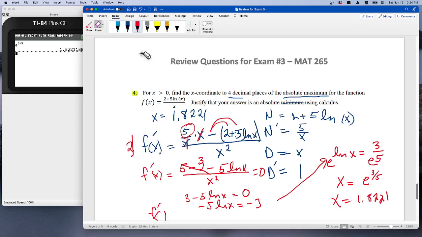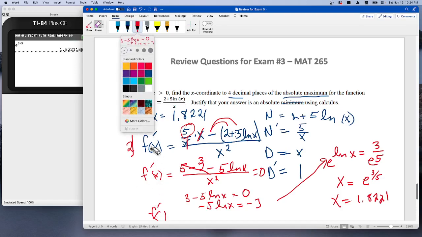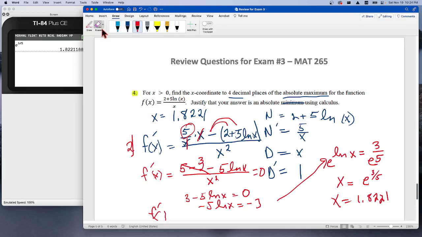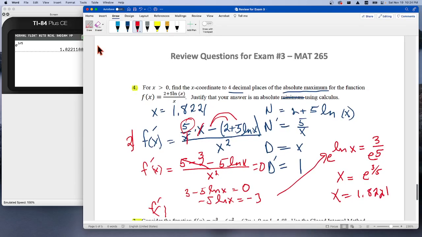So let's do that. And this is, again, if it was one of those open answers that says justify your answer, we really want to do this part, because this just says, okay, yeah, you found this. For all we know, at this point it's where the derivative is 0, but it could be a minimum. So what we want to show is that f prime of 1, and then the other one I would take is f prime of 2.